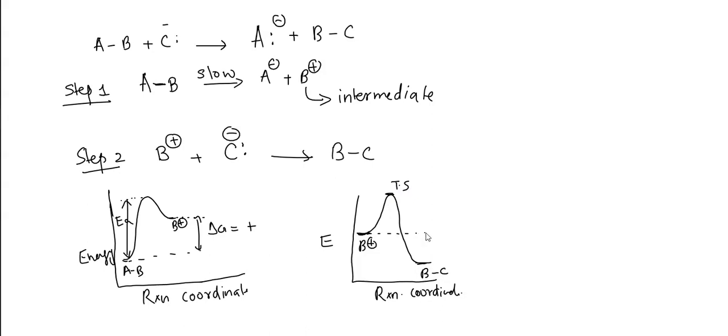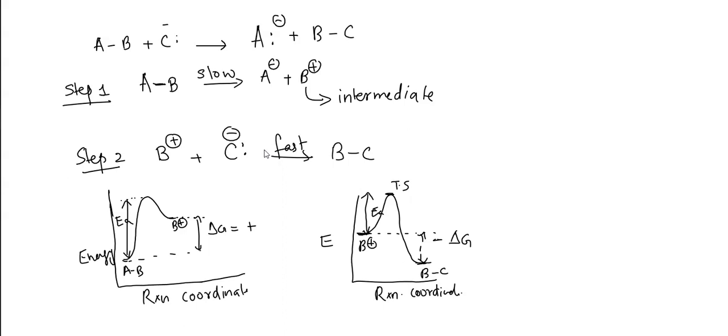The difference in energy between these two is a negative delta G, which means it's a spontaneous reaction. Now the energy of activation between these two is lesser than the energy of activation we saw in the first scenario, right? So that means the second step will be a fast step. The first step is my slow step.